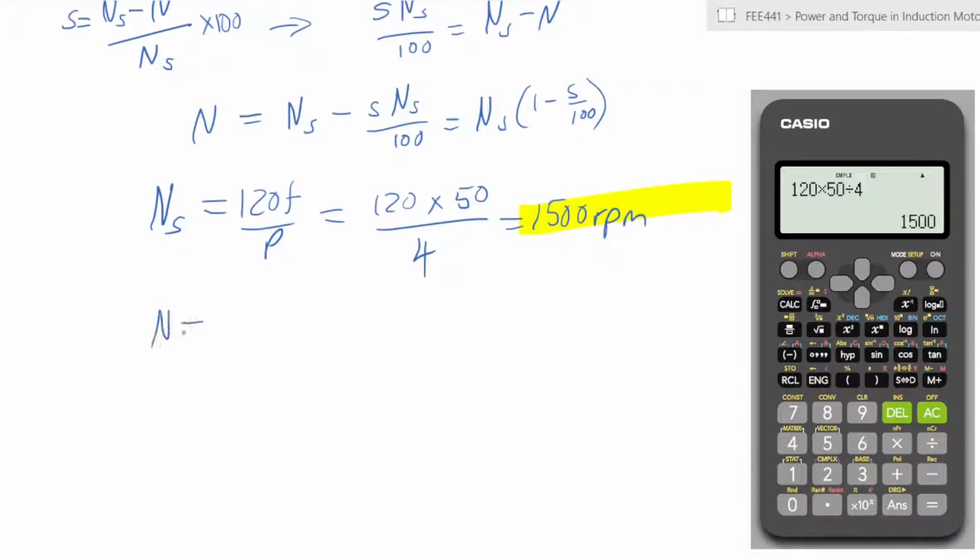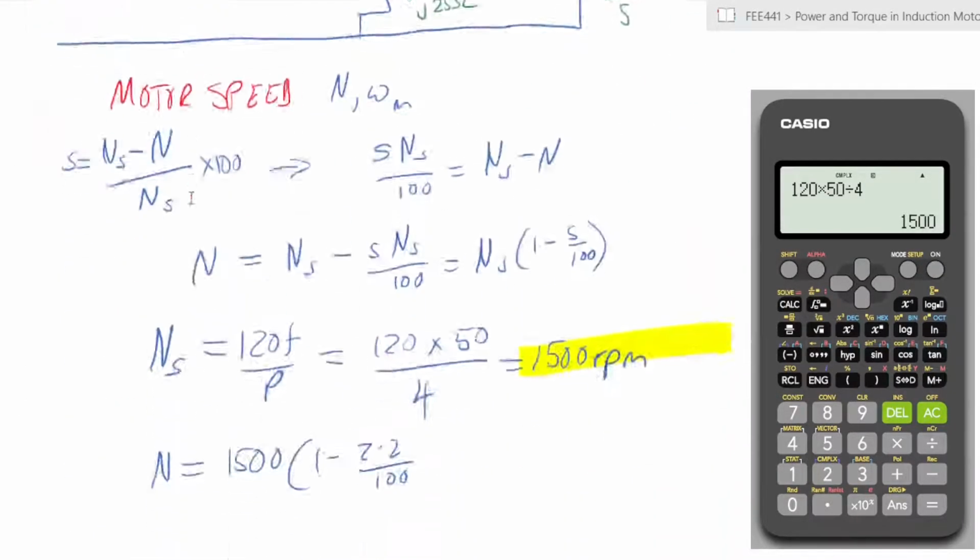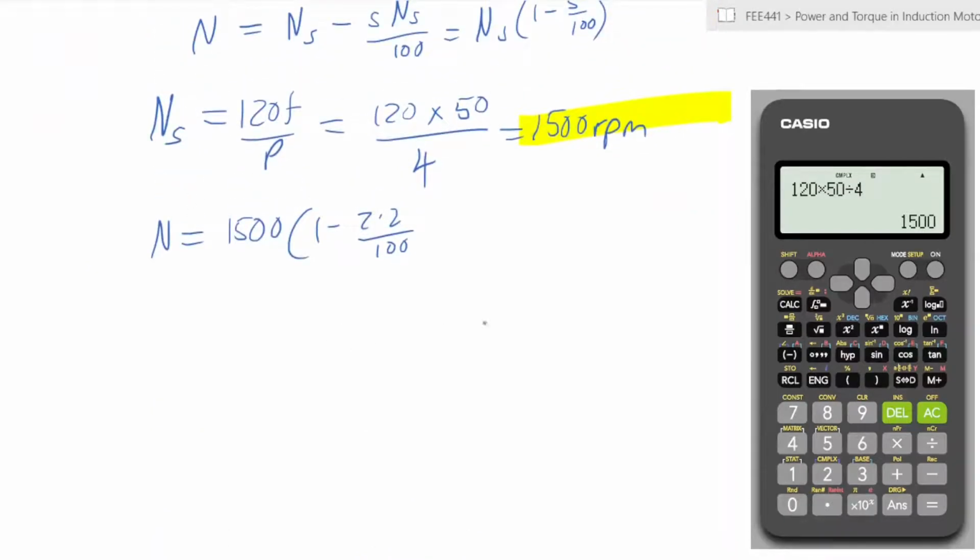So let's get our motor speed, mechanical motor speed. That will be N equals 1500 into 1 minus S over 100. S was 2.2%, we've already seen it. And so we can calculate that.